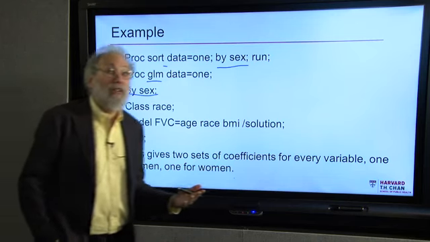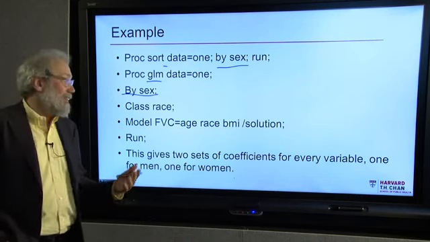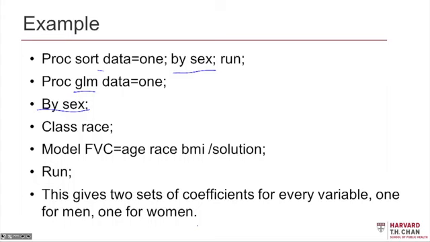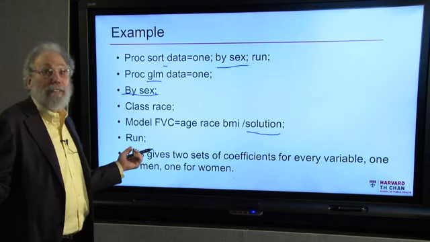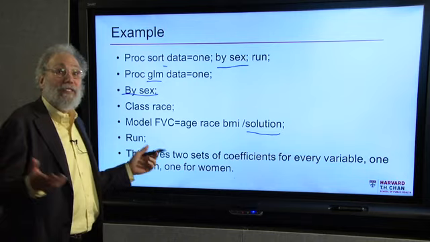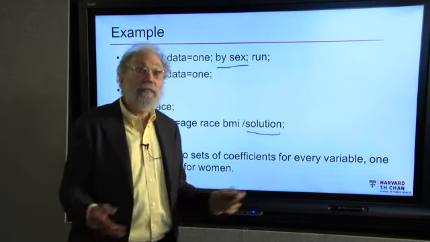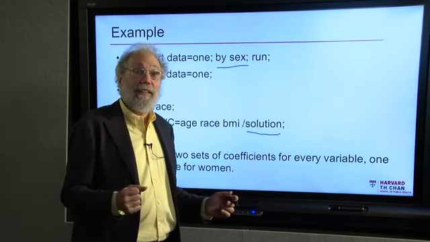Okay, and I get 2 coefficients for every variable for age, race, and body mass index. And I need to remember to tell SAS that, guess what, I want the regression coefficients. And I now have 2 sets of coefficients, one for the boys and one for the girls in this particular example, and great. And so if I want to know whether the effect of body mass index is different between boys and girls, I can see that. Okay?